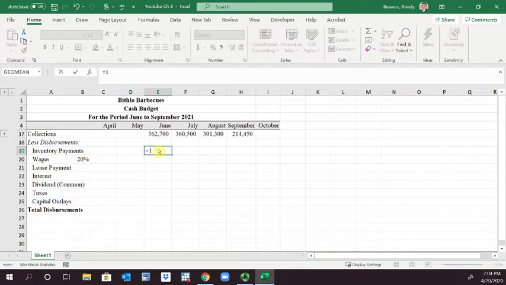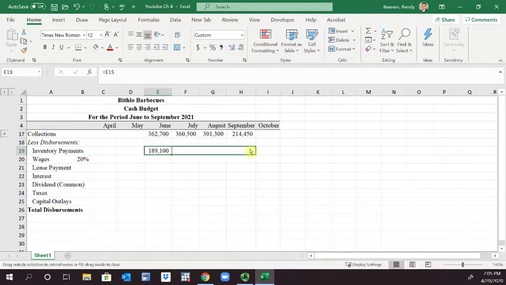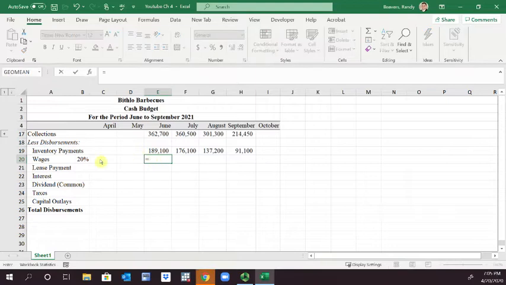So E15 from above, and then drag that across for our various inventory payments for each month. Wages are going to be 20% of sales. So this is going to be equal to the 20% anchored multiplied by the sales, which was an E5.